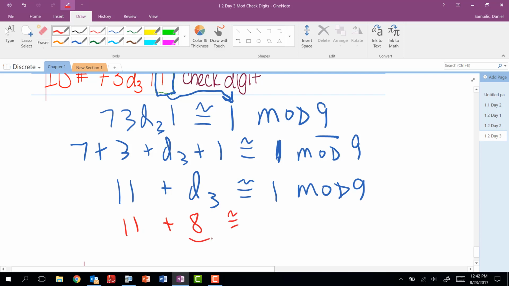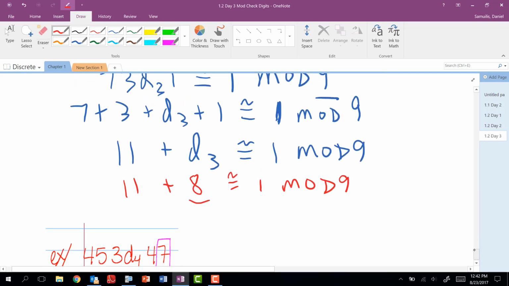By just simple surmising, 8 would have to be the number, because then that turns this into 19. When I divide 19 by 9, 9 times 2 is 18, plus 1 is 19, so that gives me a remainder of 1. So D3, the third digit, would have to be 8 to make this a valid scenario.